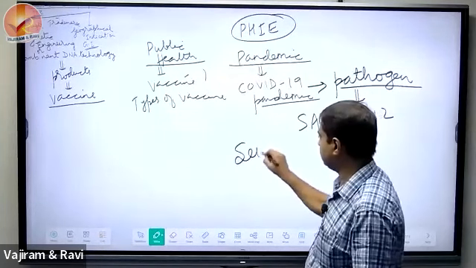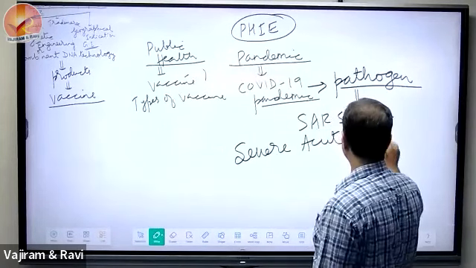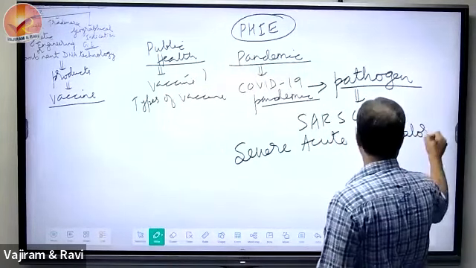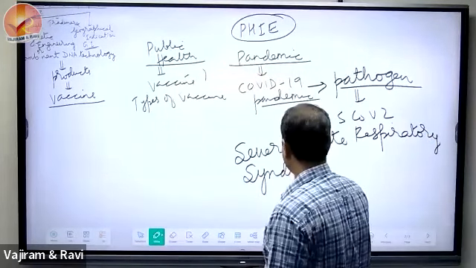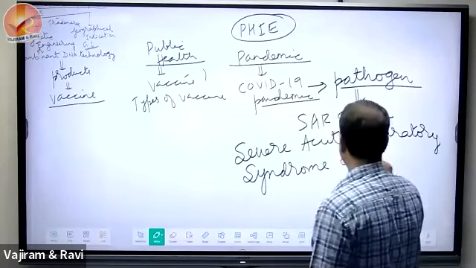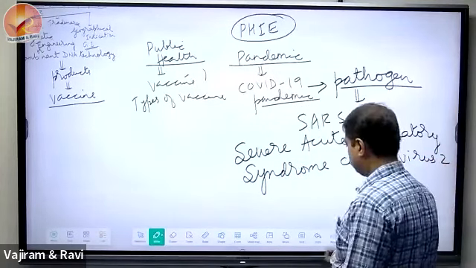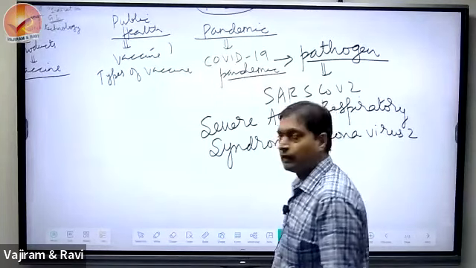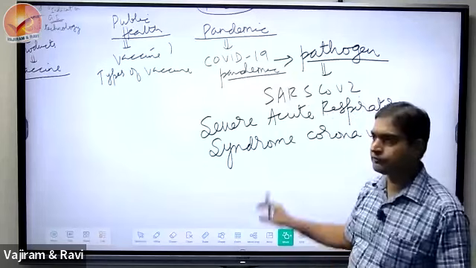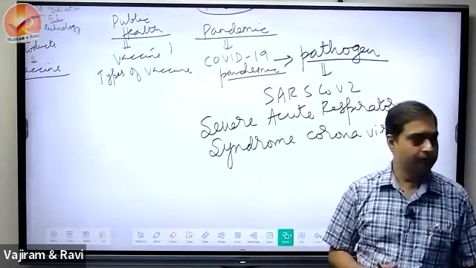Which we write as severe acute respiratory syndrome coronavirus 2. So one is the basic details of this virus that is responsible for the COVID-19 pandemic.